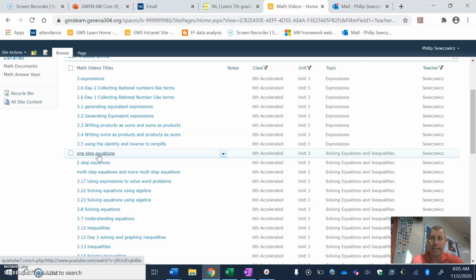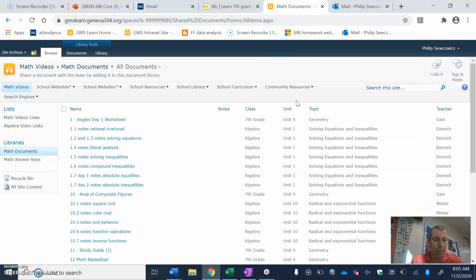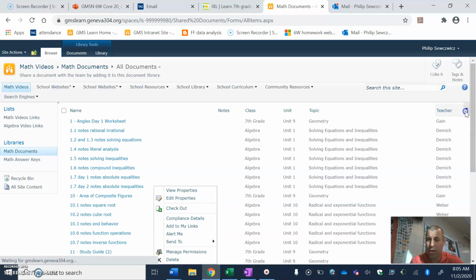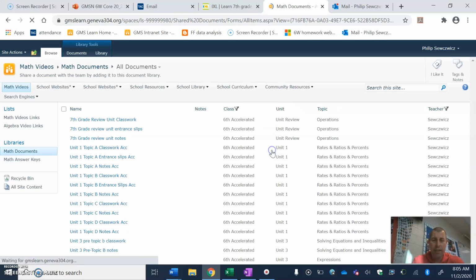All right, so you've got yourself some notes to take care of. The other thing is that in the classwork packet, there are multiple sets of the one-step equations. Let me show you what I am talking about. Let me get to your documents. Remember, you have access to all these in your Teams.